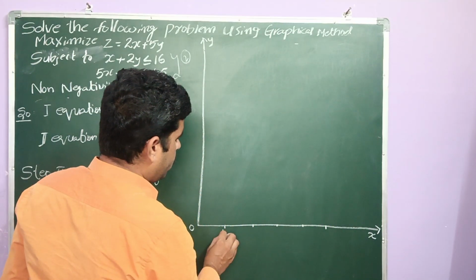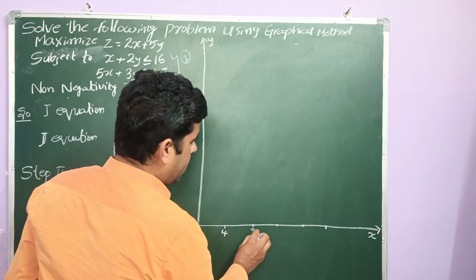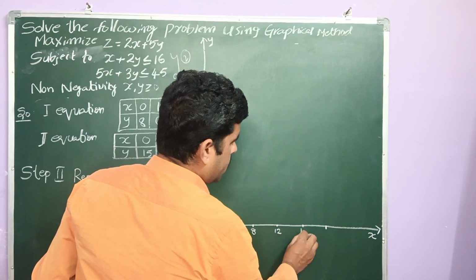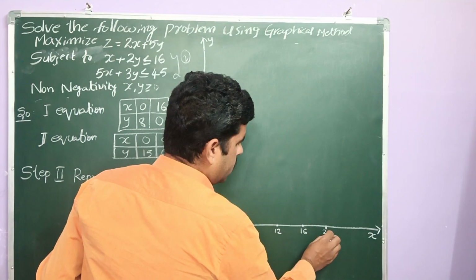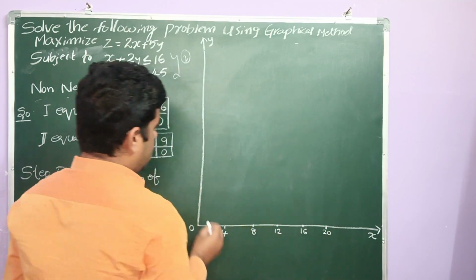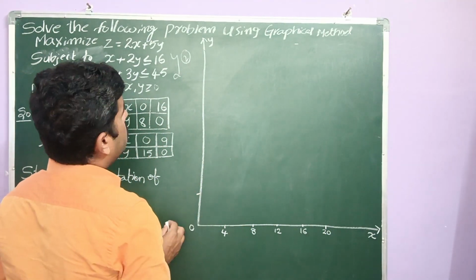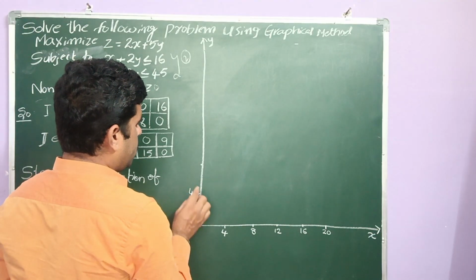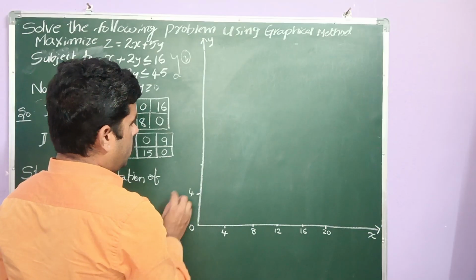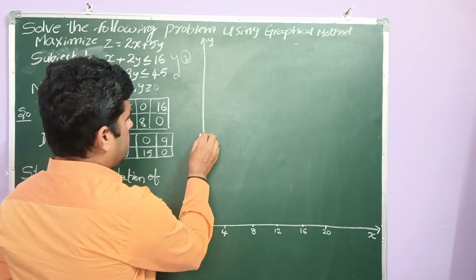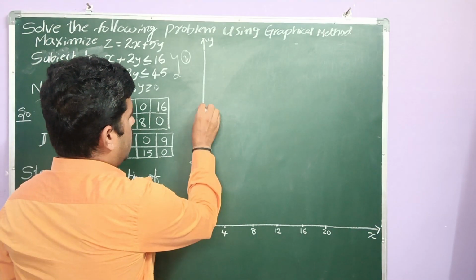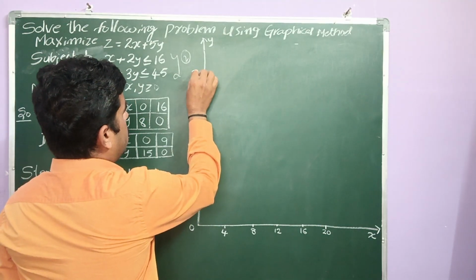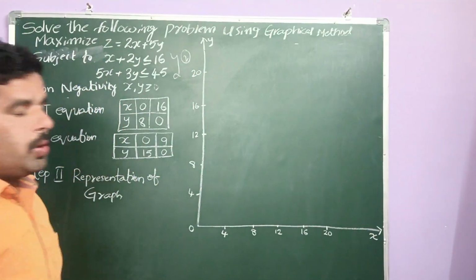So here 4, 8, 12, then 16, then 20. Then again on the y axis side also 0, 4, 8, then 12, next is 16, the next one is here 20. So this is the graph here.